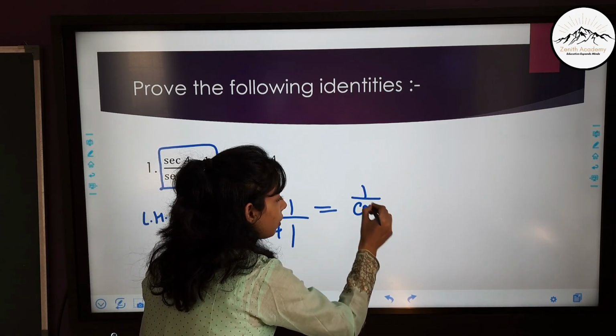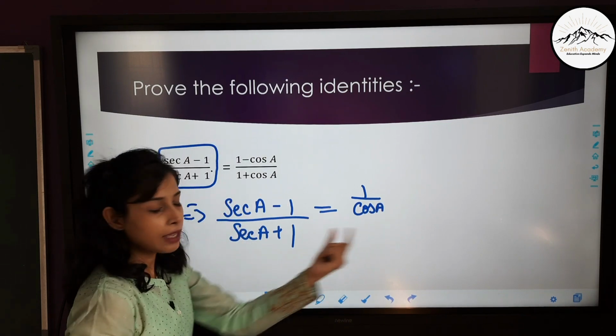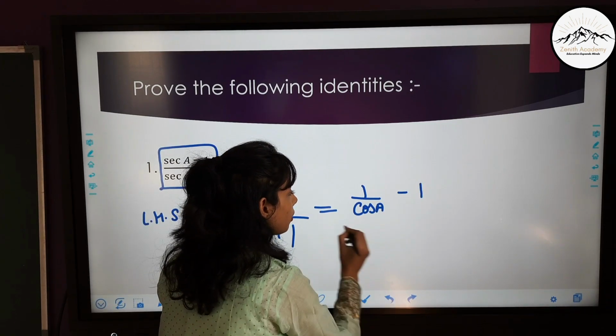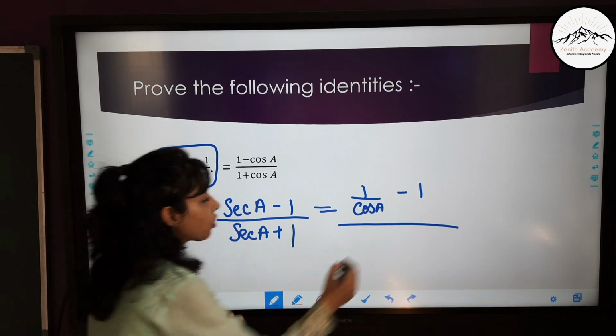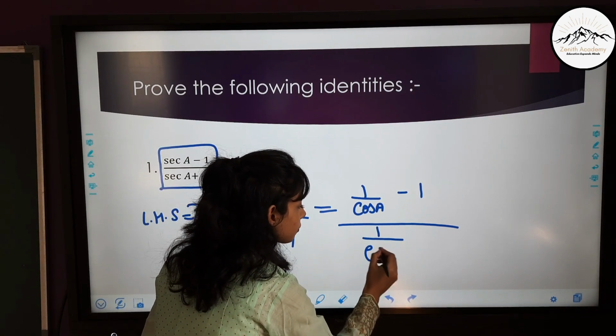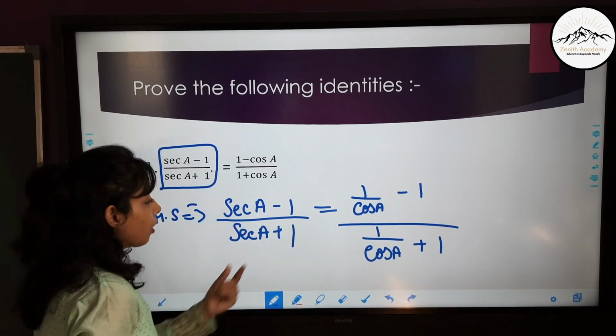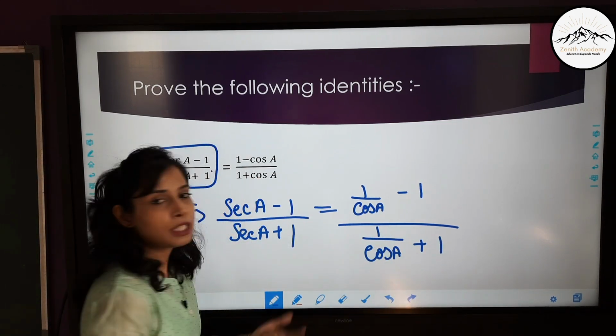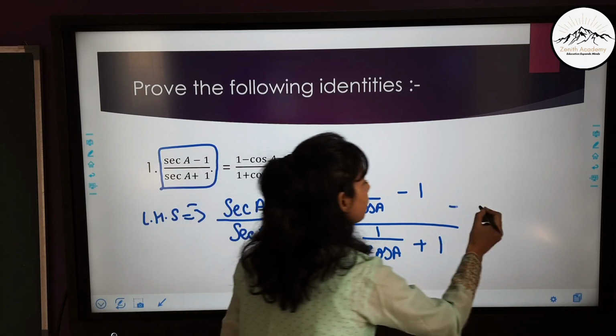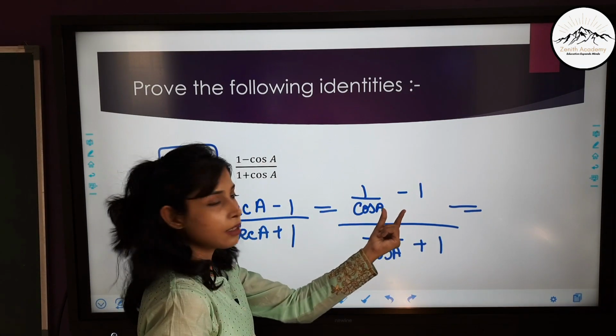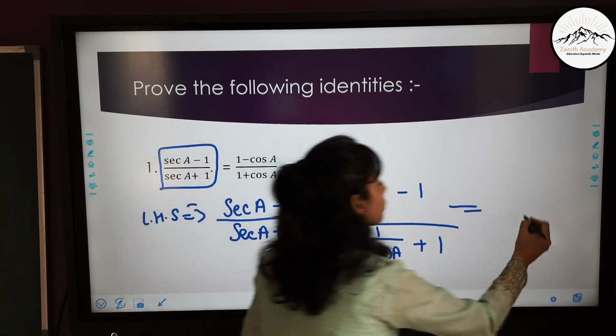The reciprocal. So 1 upon cos A minus 1, upon 1 upon cos A plus 1. So now what do we need to do? We need to just solve. Take the LCM and solve. Now see, here it is cos A only.